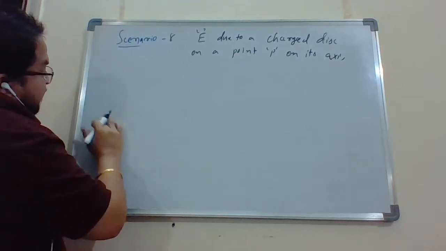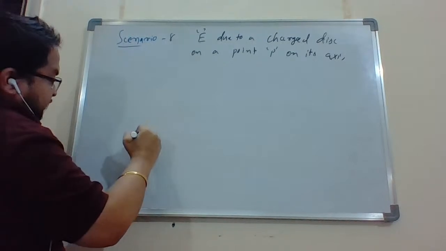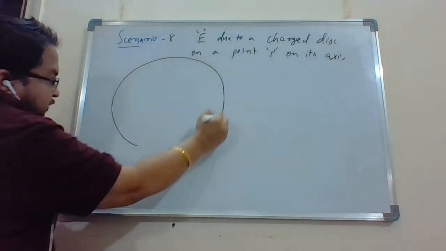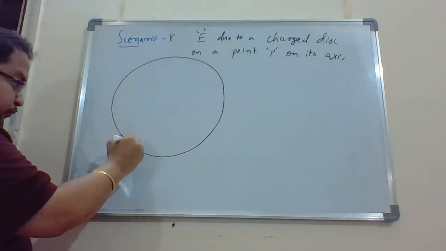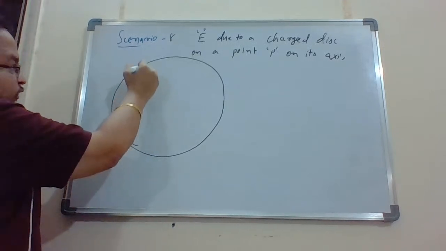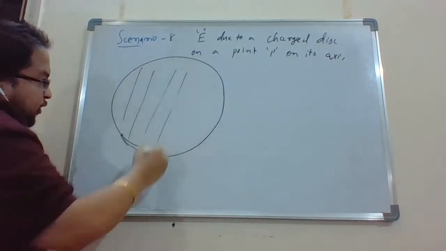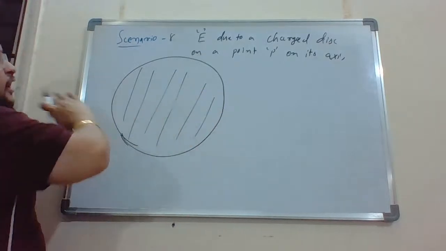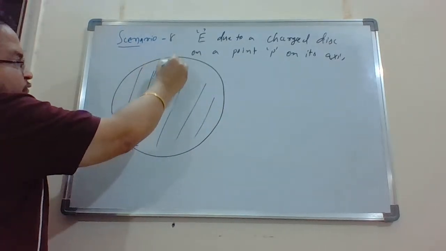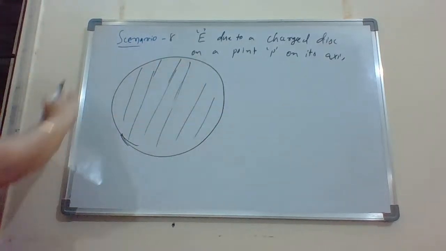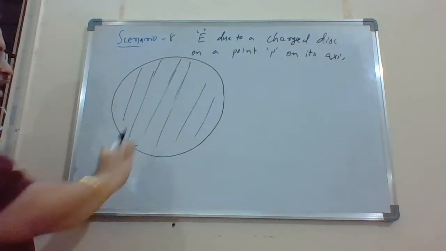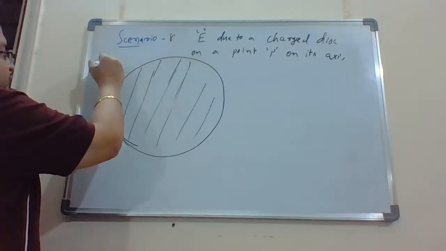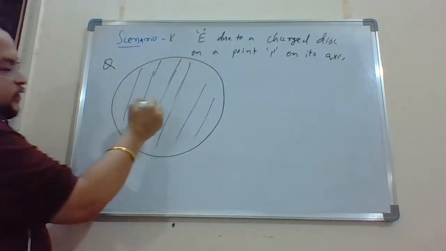If you saw the diagram in the thumbnail that I sent earlier for this topic, we had a circular charged disk. Suppose a segment from this board, that would kind of be a disk, and I have given a total charge on it.